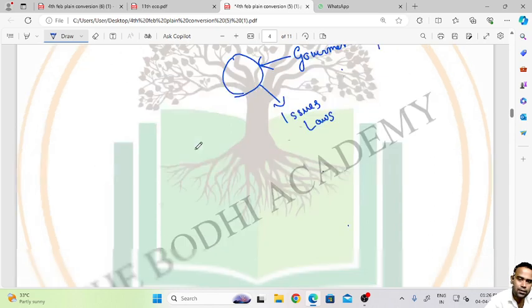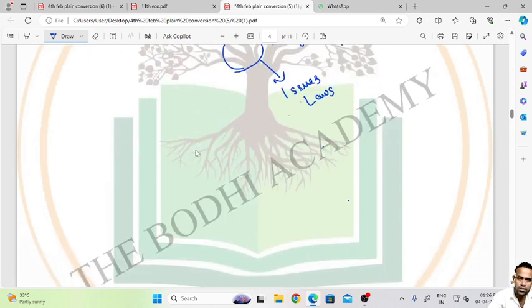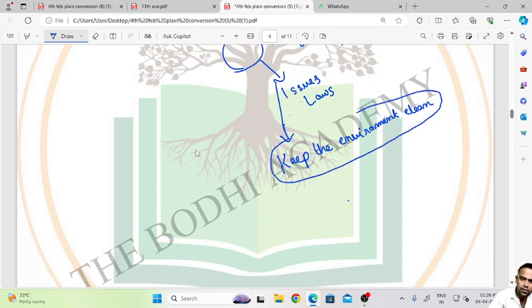Now we will take an example: the government of India issues one law, which is keep the environment clean. This is the law. Now it is prescribed to the President, and the President prescribes it to the Council of Ministers.